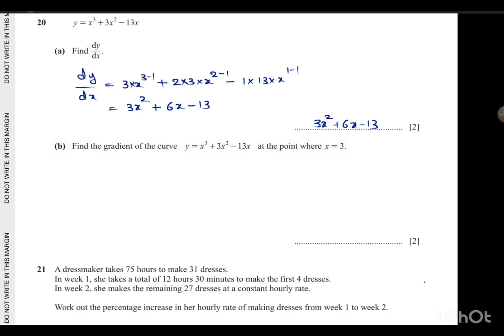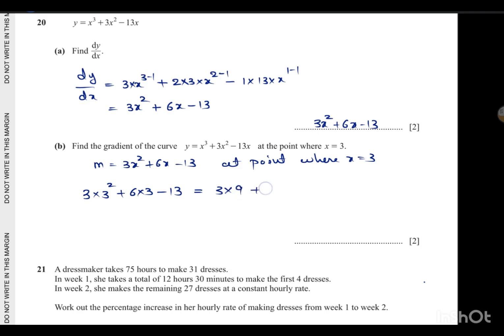So we already got the gradient here. M is equal to 3x square plus 6x minus 13 at the point where x is equal to 3. So substitute the value of x. 3 into 3 square plus 6 into 3 minus 13 is equal to 3 into 9 plus 6 3s are 18 minus 13.